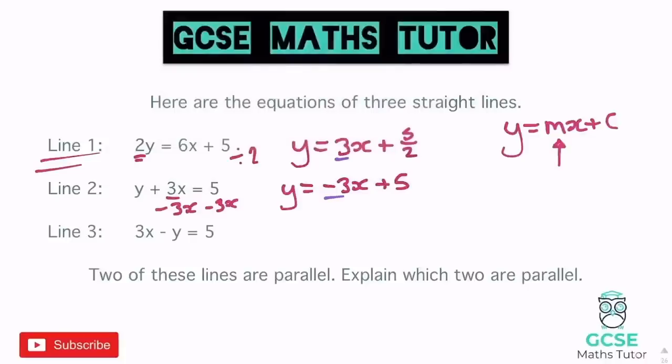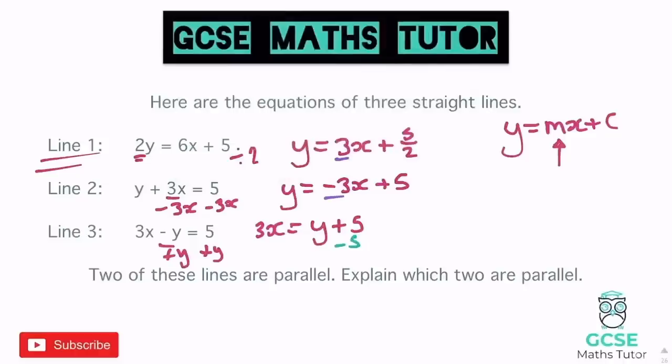So 3x minus y equals 5. Now this isn't very nice because we've got a negative y here on the left hand side. So I might have to do 2 steps here because I'm going to add y to both sides to make sure that that's positive. So at the moment we have 3x equals y plus 5. And then again we need to get rid of this 5 now because we don't want that there, so we need to move this 5 to the other side.